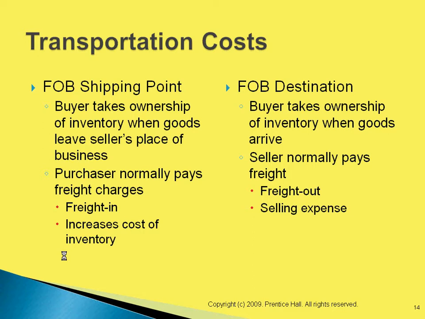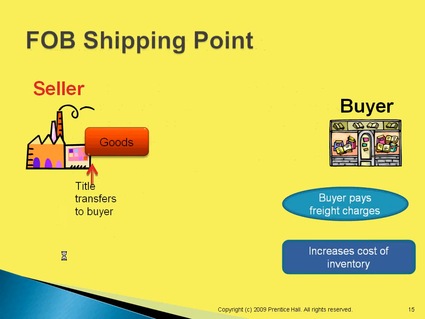The buyer would add those costs to their inventory. Okay? The FOB destination, free on board destination, the seller pays. So if the seller is paying, that would be recorded as a debit to a delivery expense.